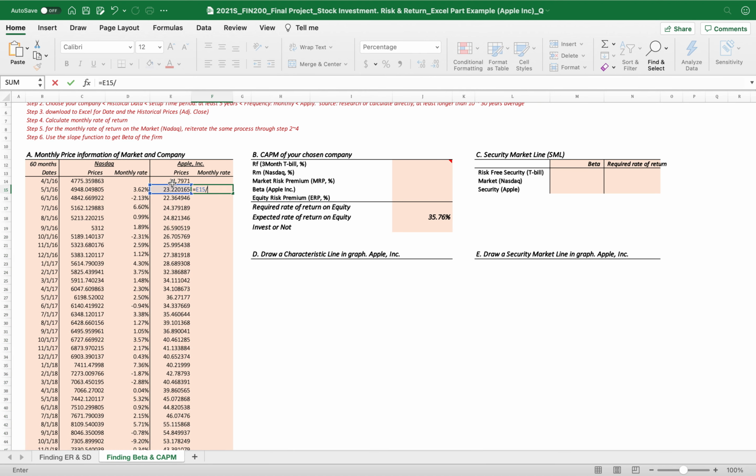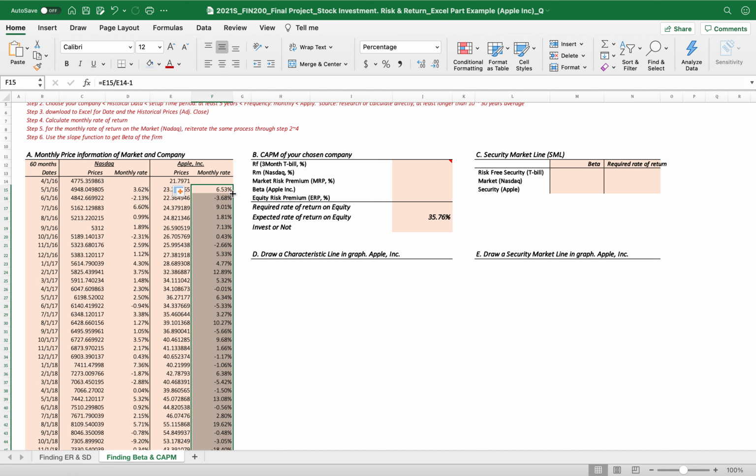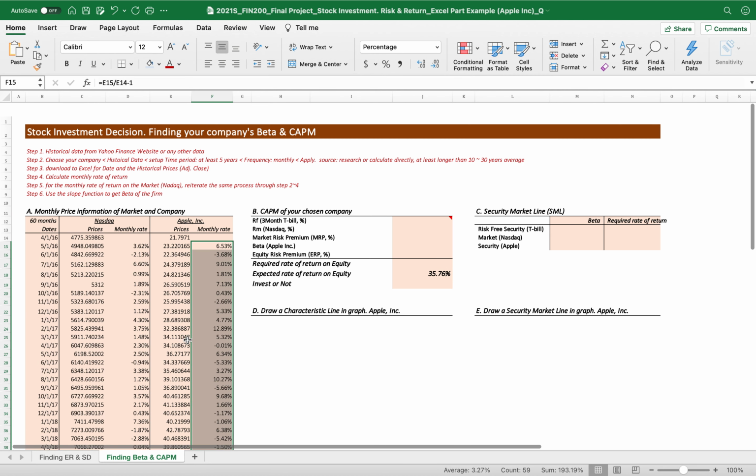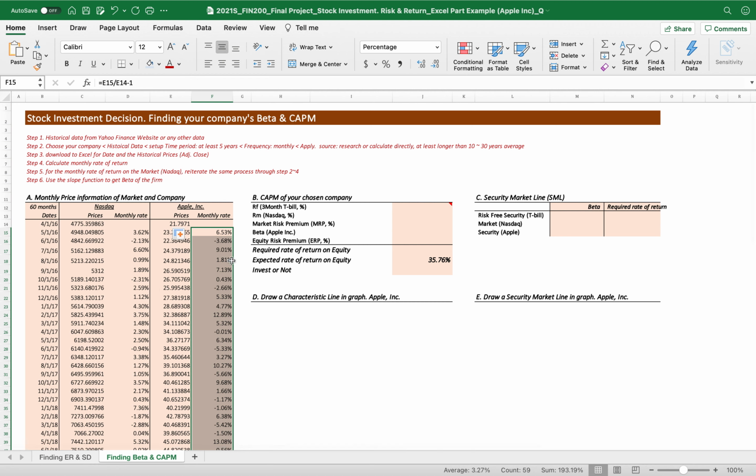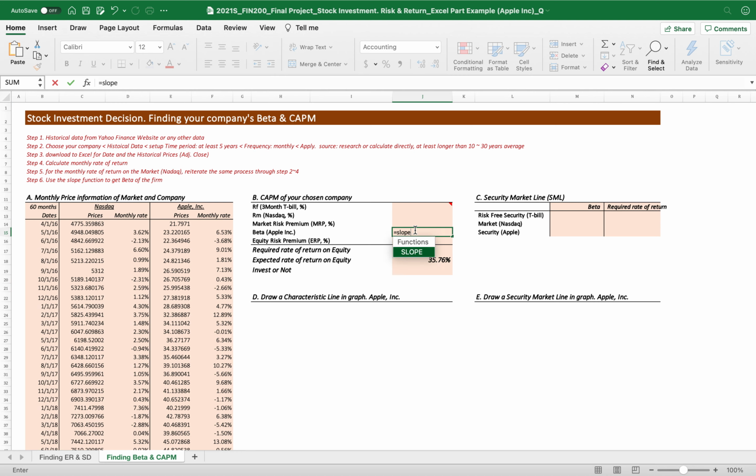In the same way, for Apple stock, we have this monthly rate of return. Okay, so we got it. Now let's calculate the beta first. For beta, we are using the slope function. The y-axis is always the objective, which is the stock, the chosen company.